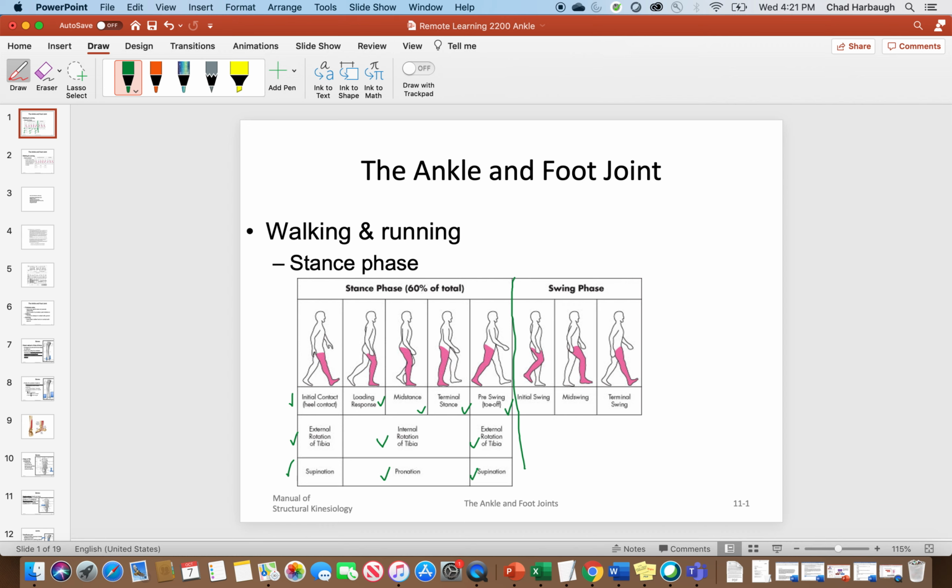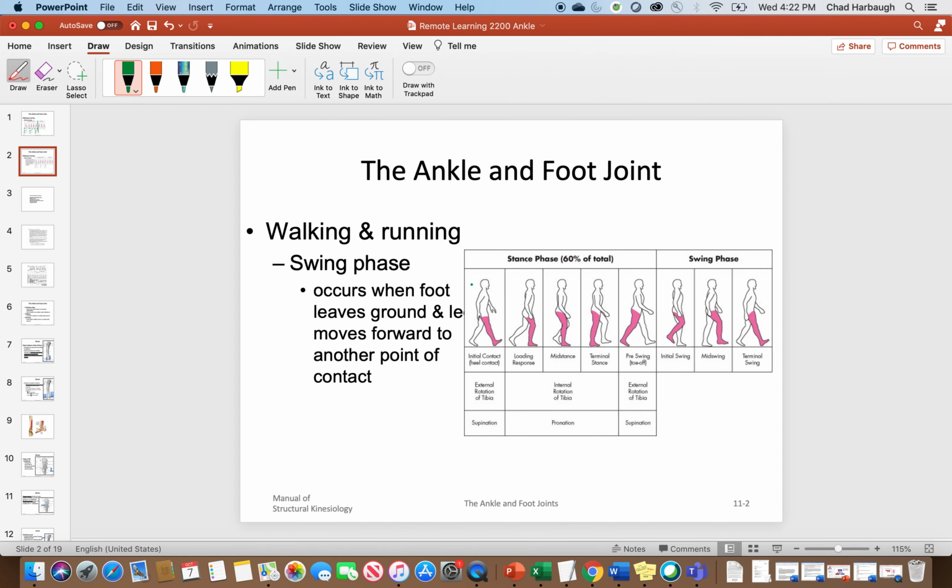And then again, supination, which is involving plantar flexion, adduction at the talus, and inversion at the forefoot. So this is a pretty complicated aspect that's occurring, and anything that's going wrong during the stance phase we'll see carry over into the swing phase.